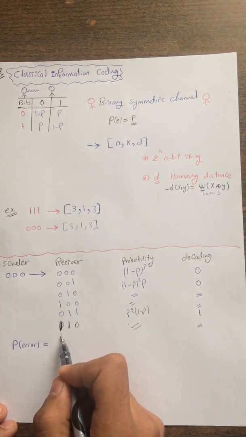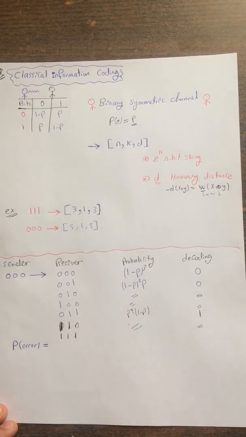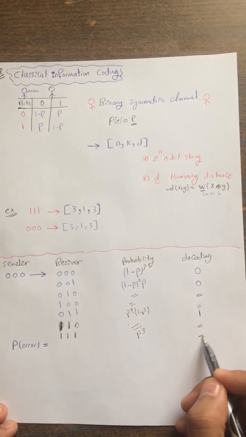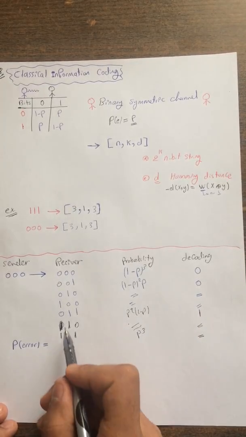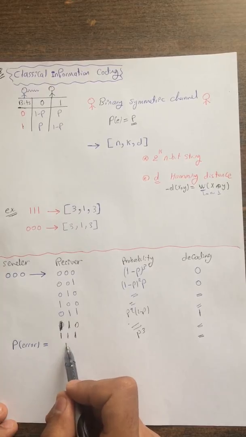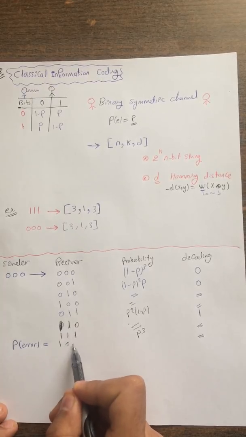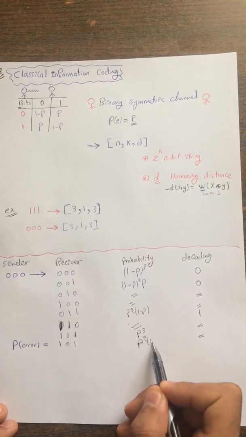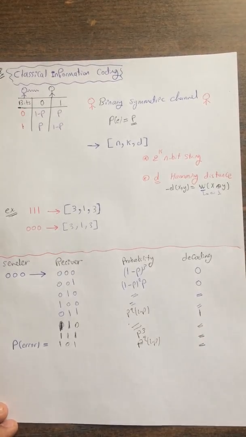What if I have 1, 1, 1? This will be P cubed, and it will decode 1. And 1, 0, 1 gives P squared times 1 minus P, decoding 1.